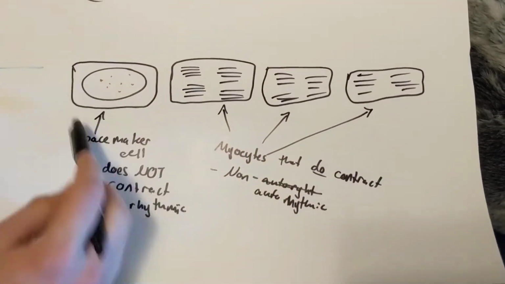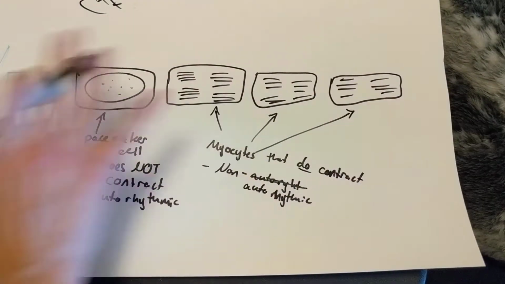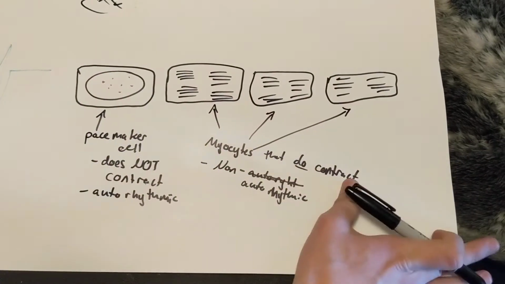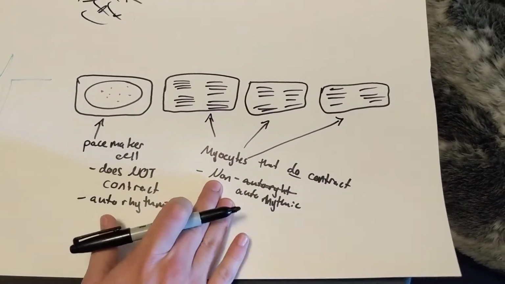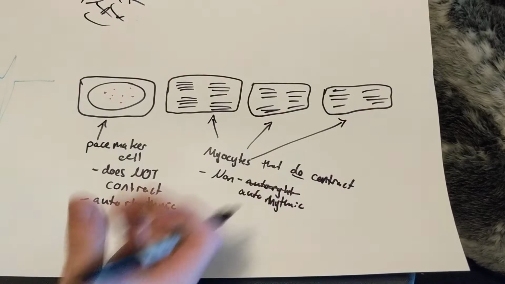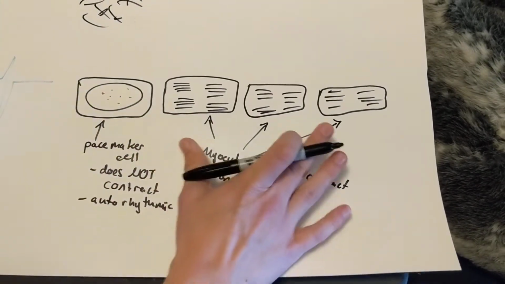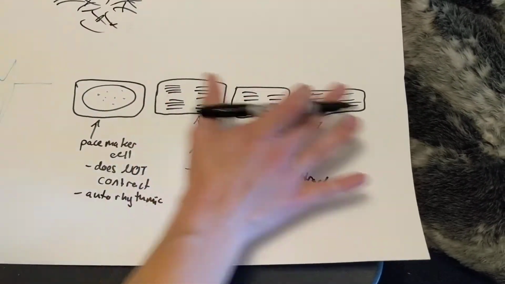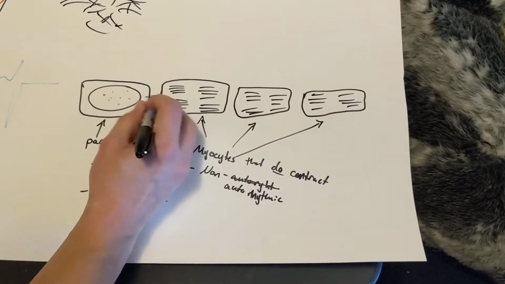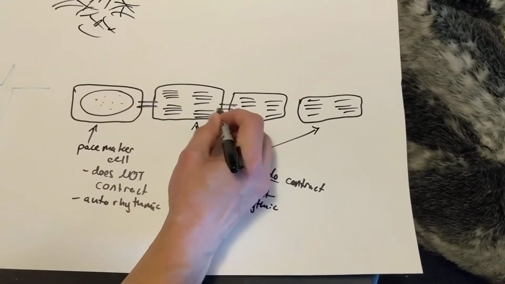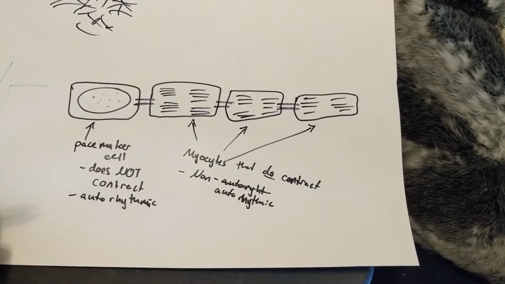So this autorhythmic cell shoots energy through the myocytes that do contract, which are also non-autorhythmic because they take this energy from the autorhythmic. And so these are joined together by what are known as gap junctions.